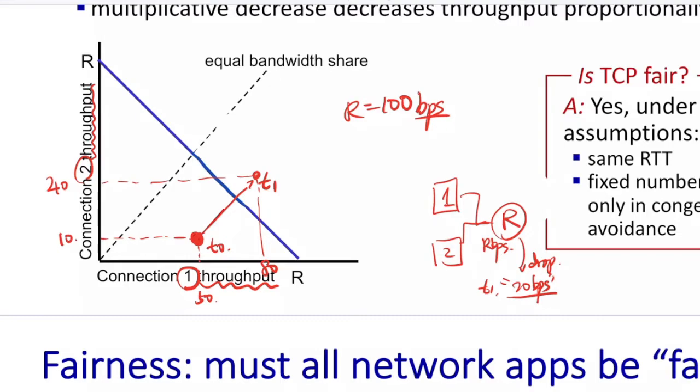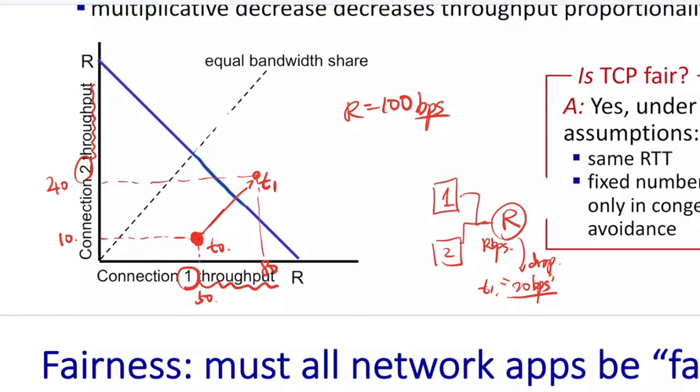But think about one thing. From the perspective of probability, packets from connection 1 have a higher chance of being dropped by the router, because currently it has 80 bps and connection 2 has only 40 bps, and R has to drop 20 bps.